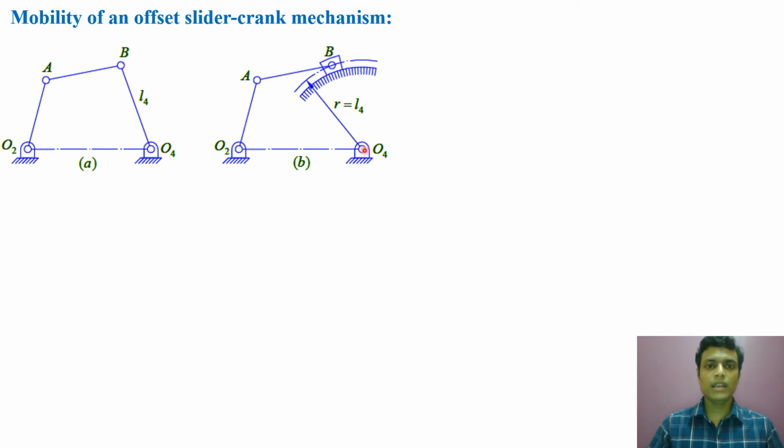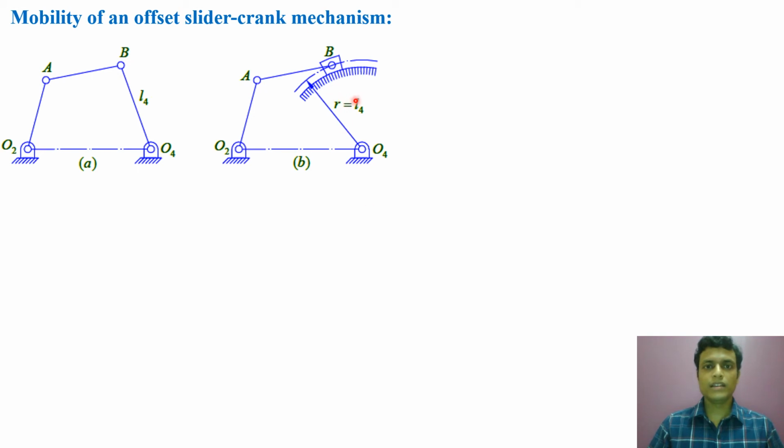Now if we put this point O4 at infinity, then the arc will become a straight line and this will be converted to an offset slider crank mechanism. Now please, I am repeating once again. Now we have shifted this point O4 to infinity.